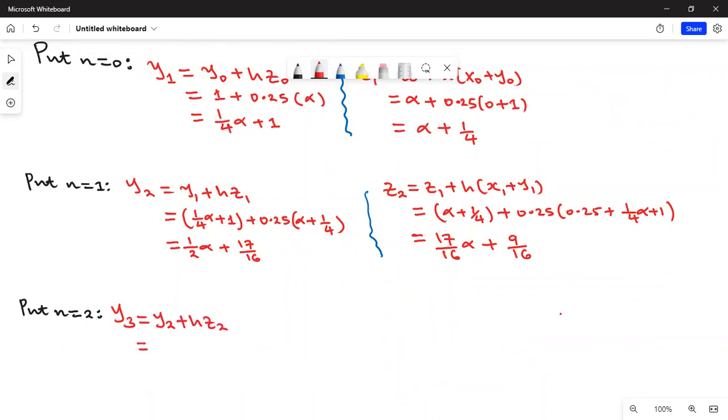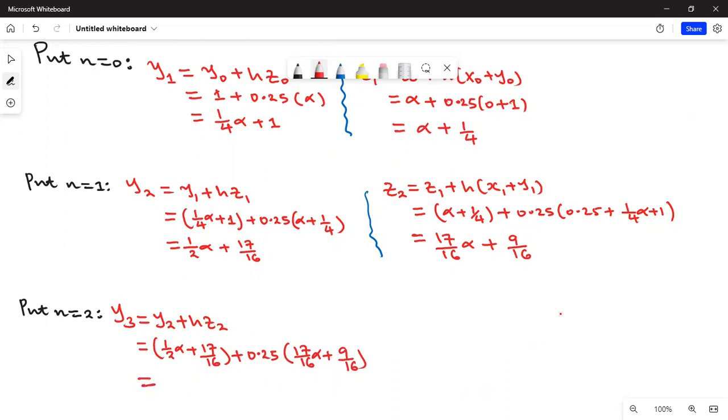And that is equal to our y2, which we have just found to be 1 over 2 alpha plus 17 over 16. Our h is 0.25. Z2 is 17 over 16 alpha plus 9 over 16.